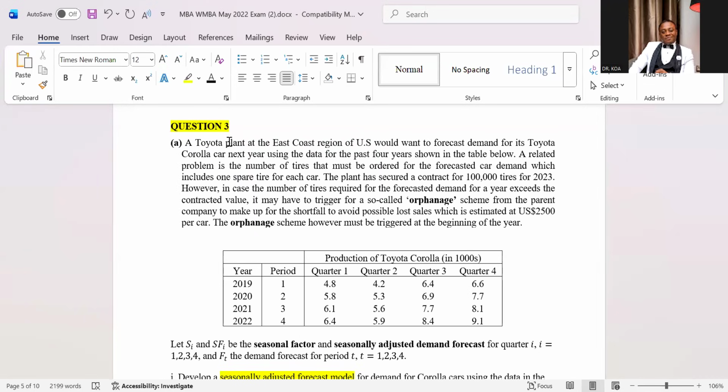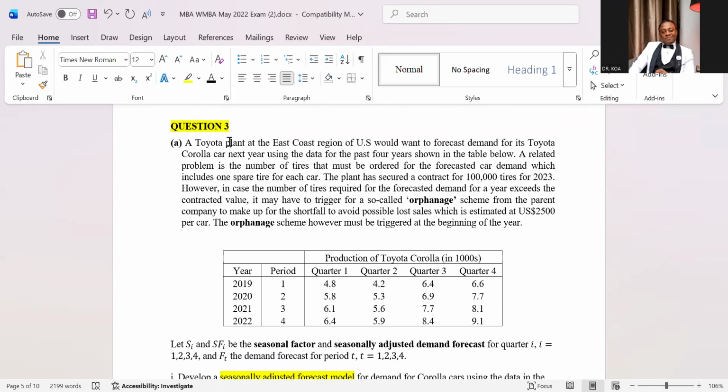Because you have made a contract that you want 100,000 of something. But then when you did the analysis, you realized that you needed more. But that extra was not in the contract. So it means that you have to find a way to top up that income.